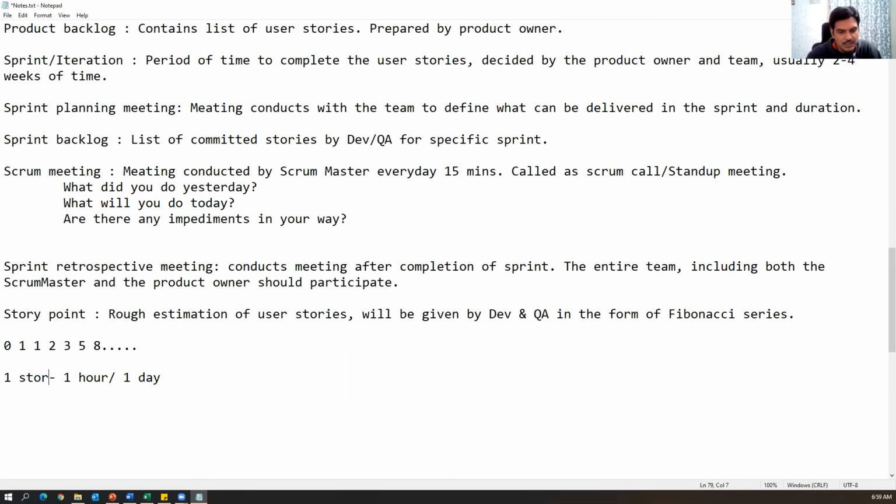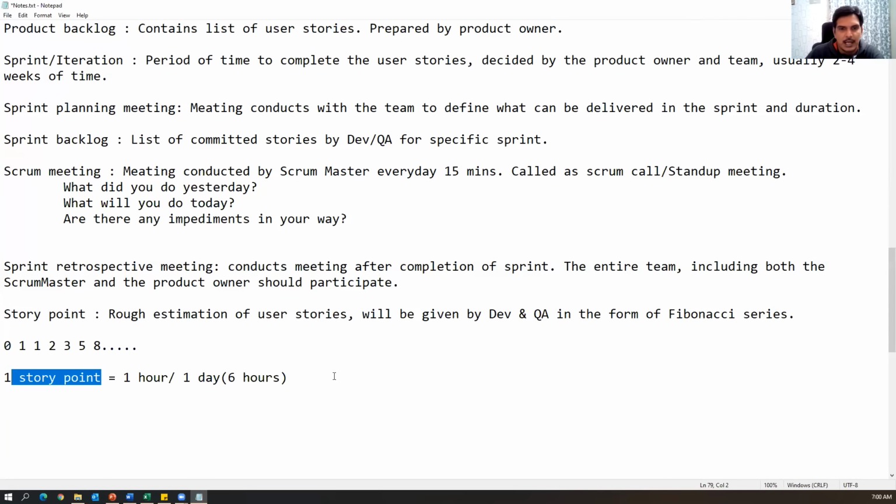One day means 6 to 8 hours. They don't consider 8 hours, they'll consider only 6 hours most of the time. So it depends on the company. They will consider one story point as 1 hour, or sometimes one story point equal to 1 day.